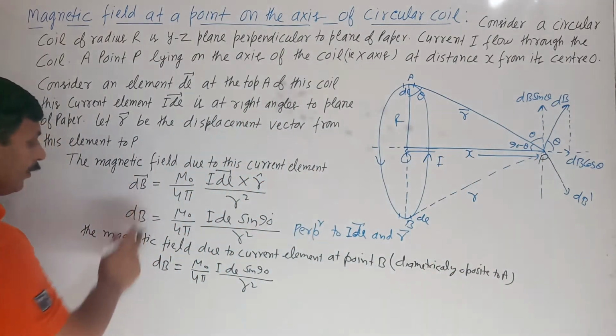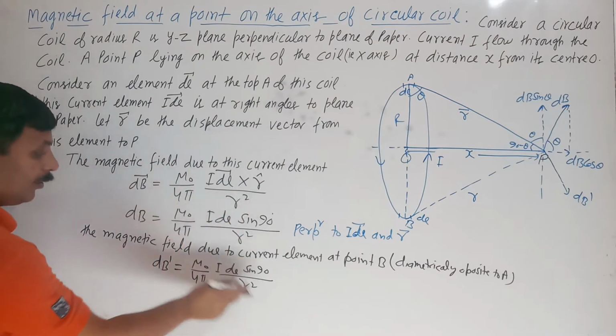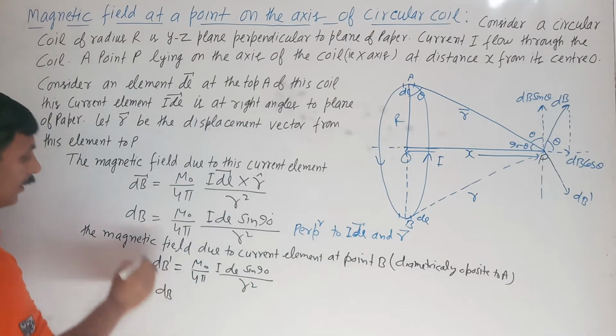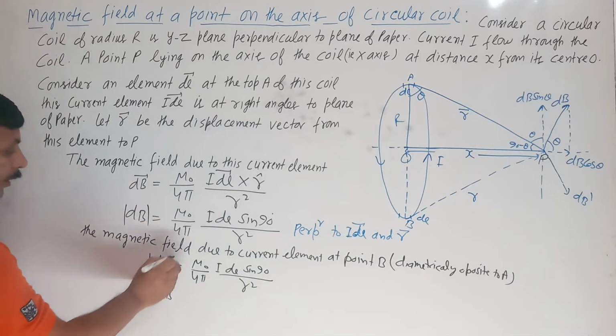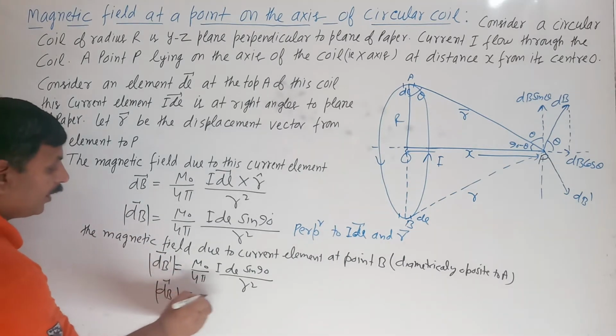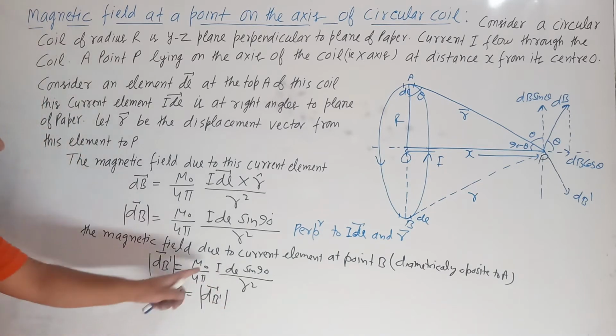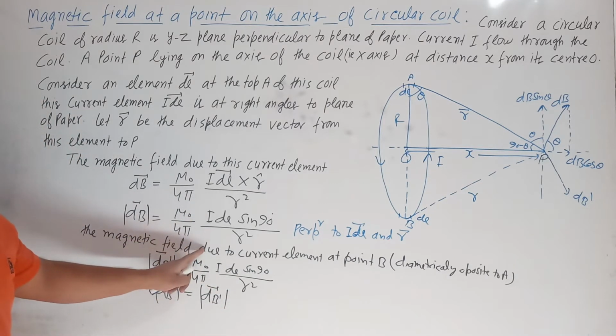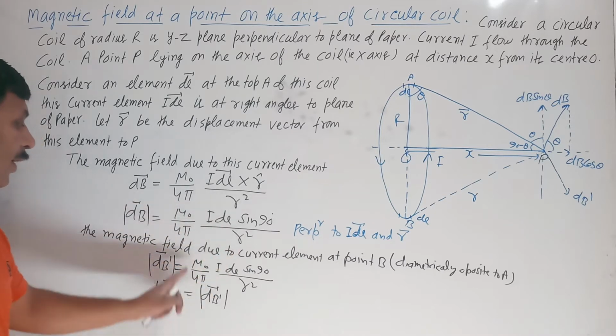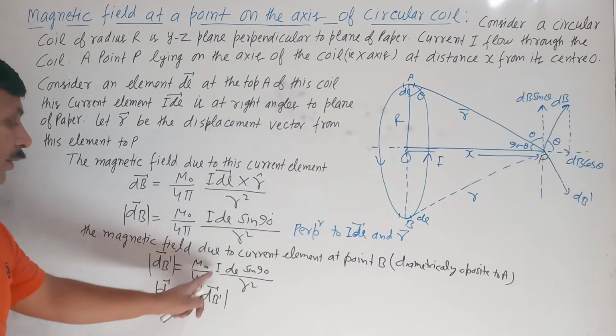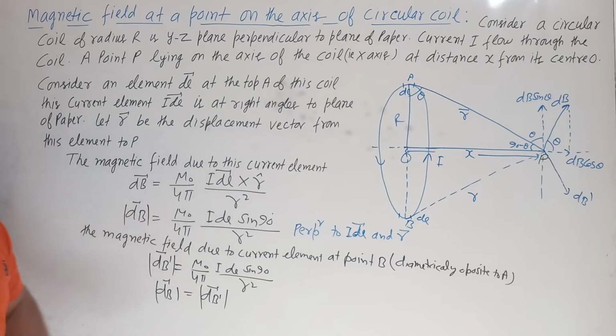So here you can see the magnitude of both. Suppose this is the magnitude of these vectors. The magnitude of dB and dB dash will be the same, both mu naught upon 4 pi I dl upon r square. Here the magnitude is the same.